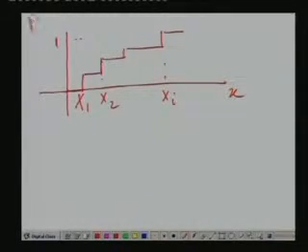This axis is your probability distribution function. This will be the case of a discrete random variable.